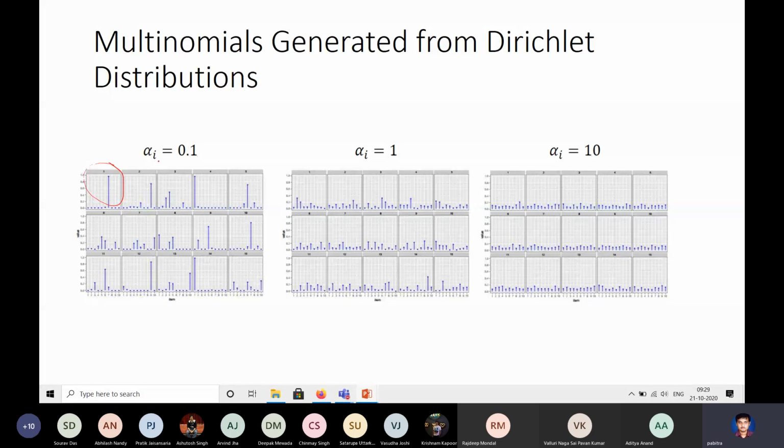So if alpha equals 0.1, this is the kind of sparse multinomials you will come up with if you sample from the Dirichlet. Whereas if alpha equals 10, you get more uniform, not sparse, multinomials. So we would prefer alpha to be 0.1.